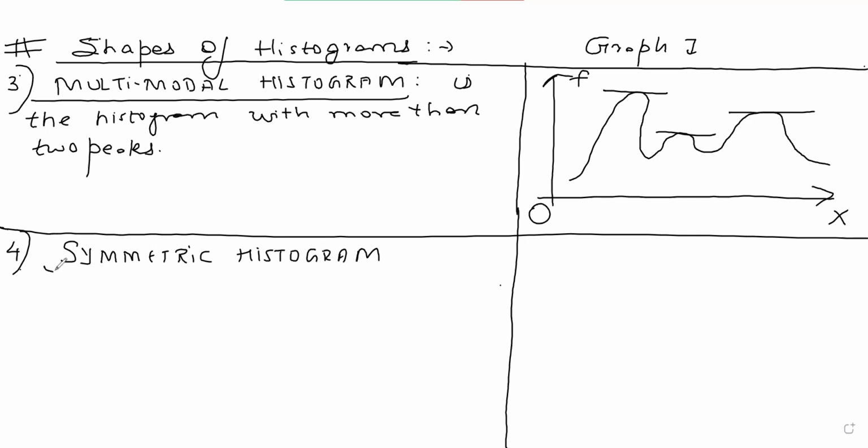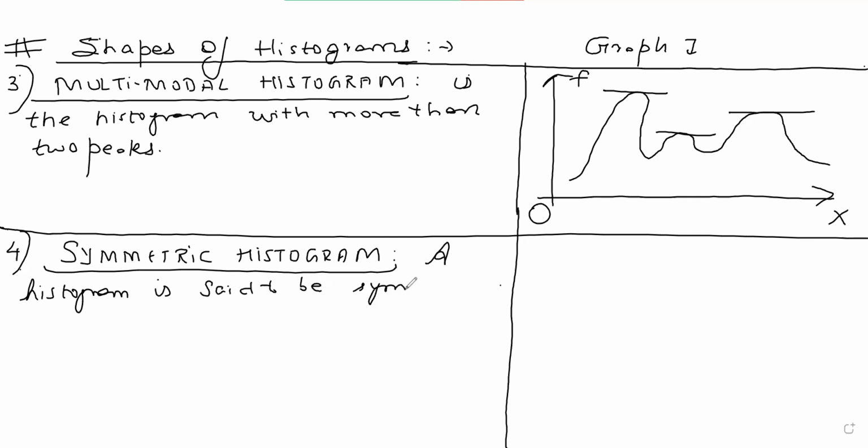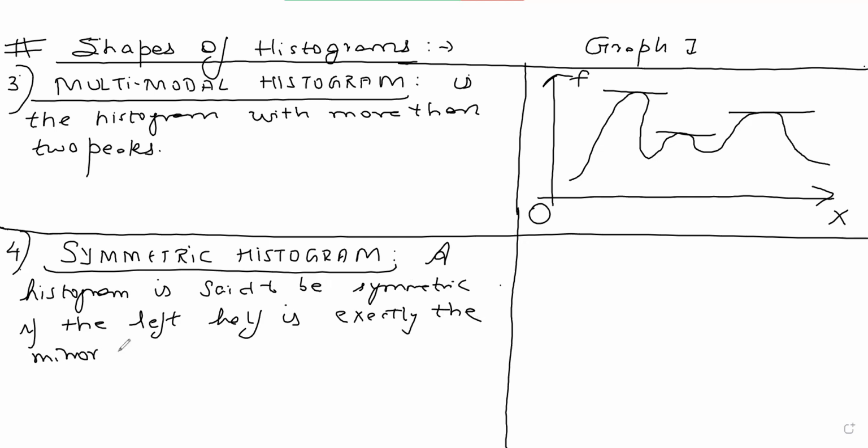A symmetric histogram, students can write, is that histogram. So I can write it like this: a histogram is said to be symmetric if the left half is exactly the mirror image of the right half.